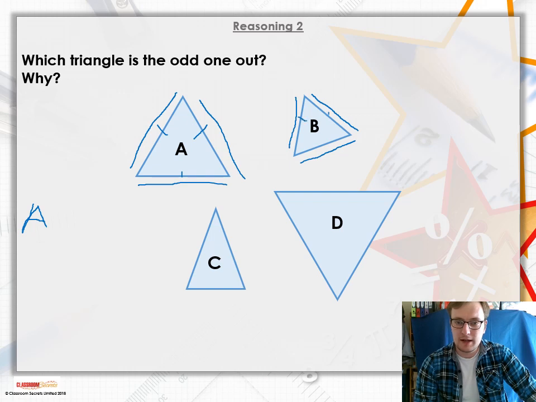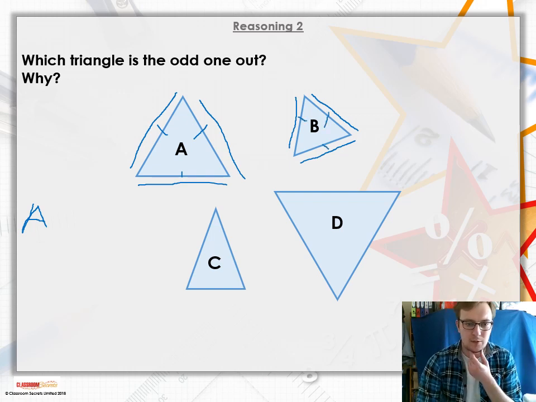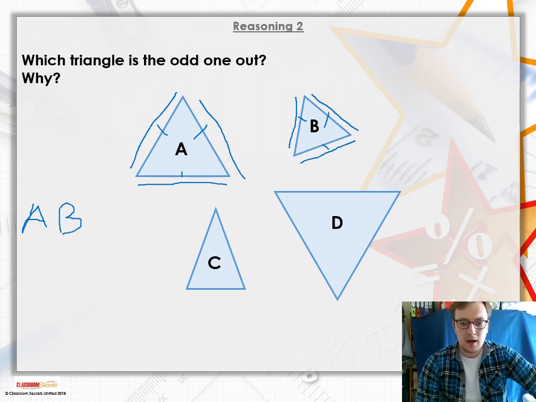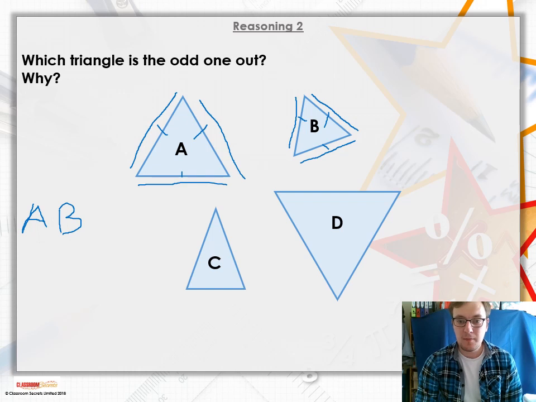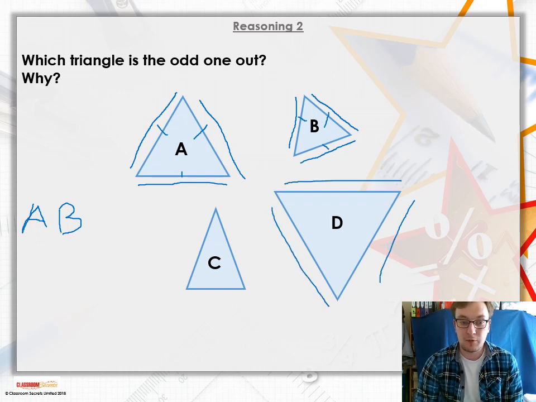It's just slightly smaller and rotated. So B would also be an equilateral triangle. Let's have a look at D. D has been rotated again. It's larger, but it also has 3 equal sides. That would also be an equilateral triangle.